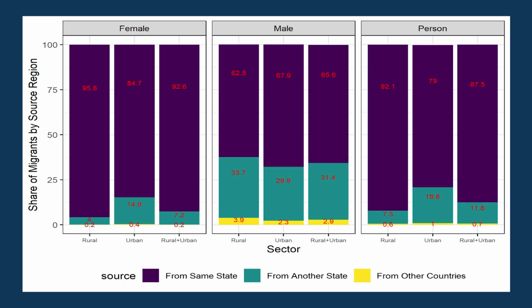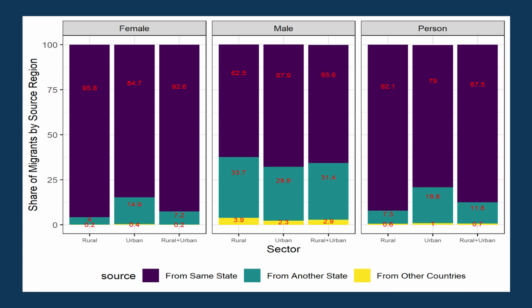That ratio is relatively smaller when you take the urban female migrants, but still, even urban female migrants are mostly from the same state. About 14.9% would be from another state. This scenario changes when you consider the male migrants. What you see here, about 62.5%, which is still much higher compared to 33.7%, are from the same state.